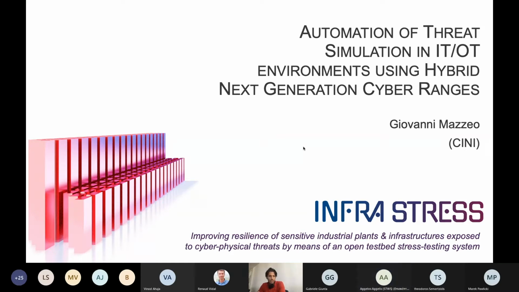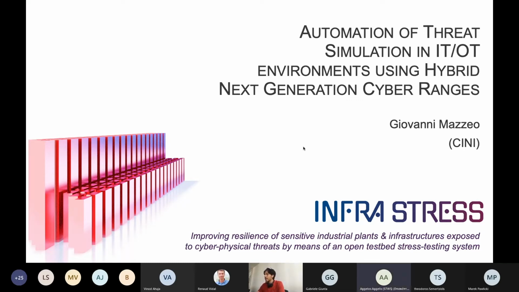In the context of InfraStress, CINI is the technical coordinator, and besides this, we are responsible for several components used in the current InfraStress architecture, such as detectors and also security information and event management systems. One of the components we are most proud of is the one that I am presenting today.